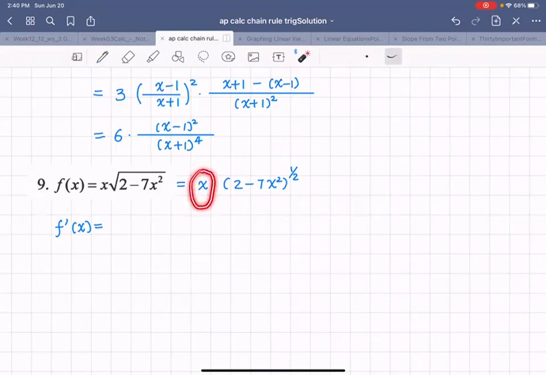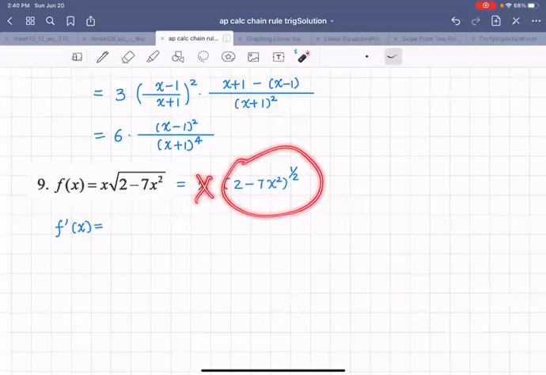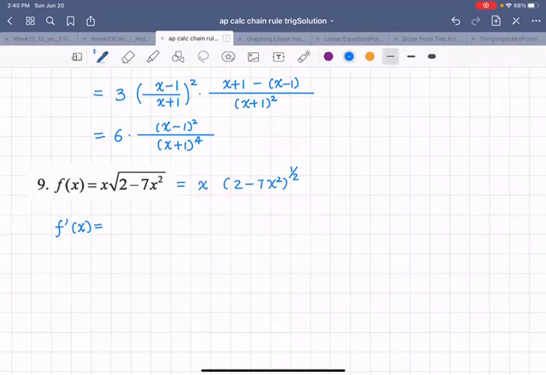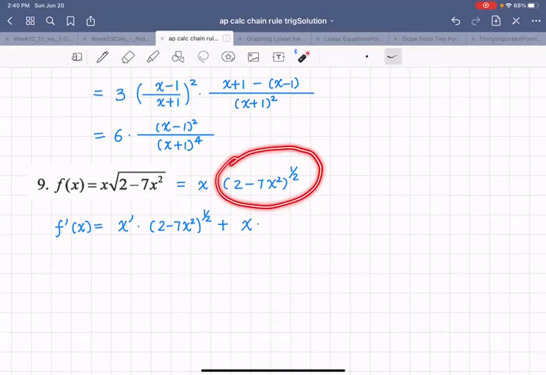Let's do this guy's derivative times this guy copied down, plus this guy times this guy's derivative, okay? So you do x prime times the other guy, plus x you copy down and times that guy. Who is this guy's derivative?